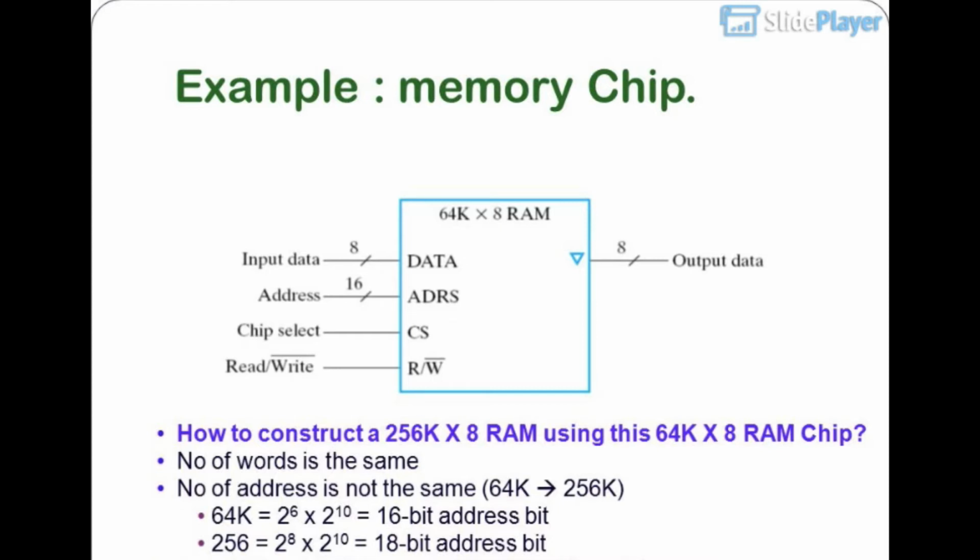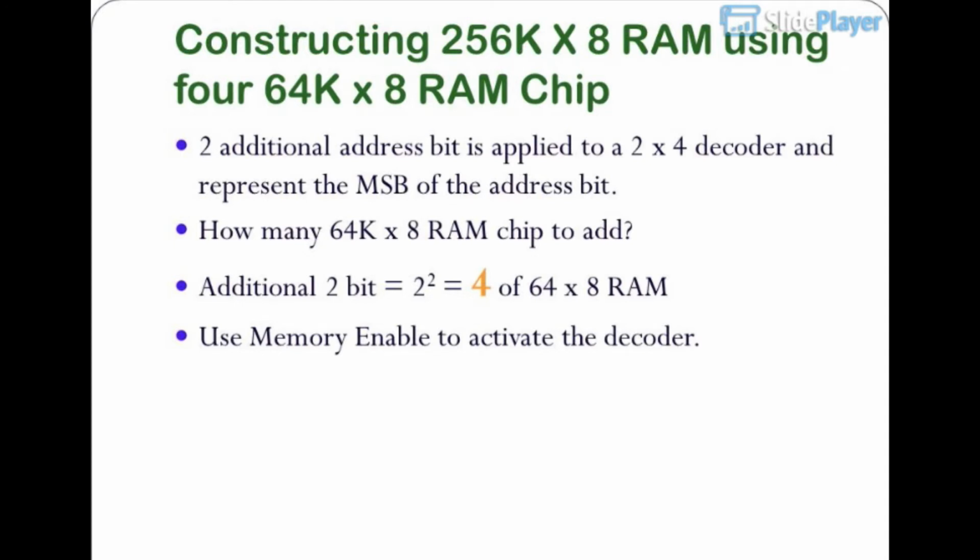An additional 2 bits are needed for the address. Constructing 256K x 8 RAM using 4 of the 64K x 8 RAM chips. The 2 additional address bits are applied to a 2x4 decoder and represent the MSB of the address.